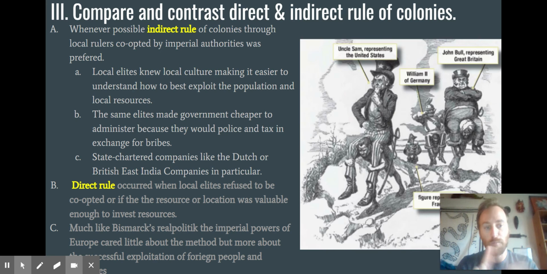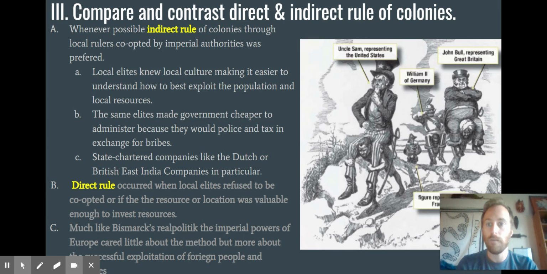So the local elites, they speak the language of the native people. They know what motivates them, and they know how to basically police and tax them and keep them under control. This kind of rule was particularly popular when the empires of the Dutch and the British, for example, were run by state chartered companies.